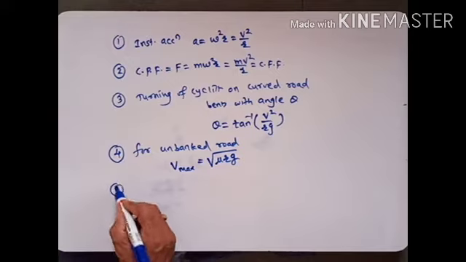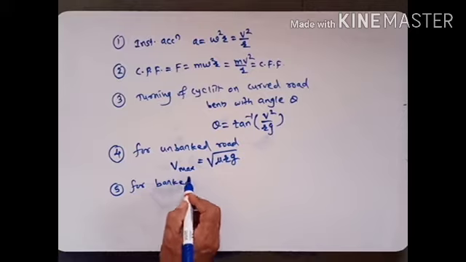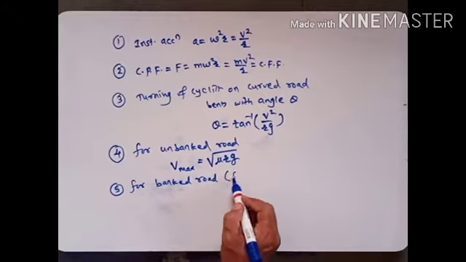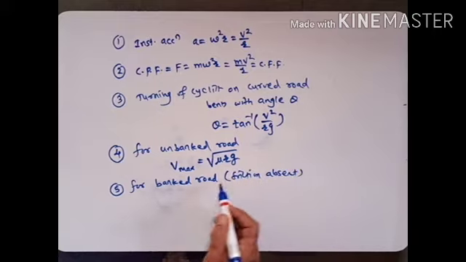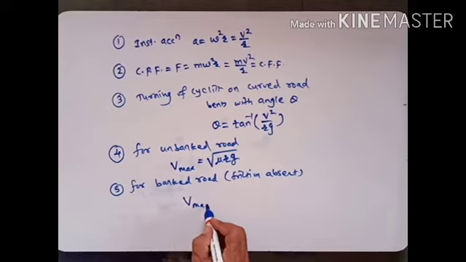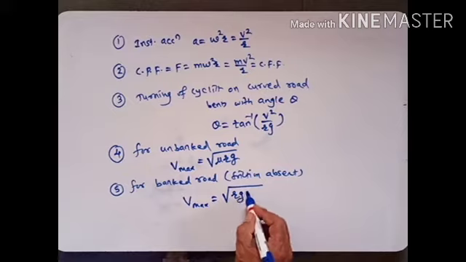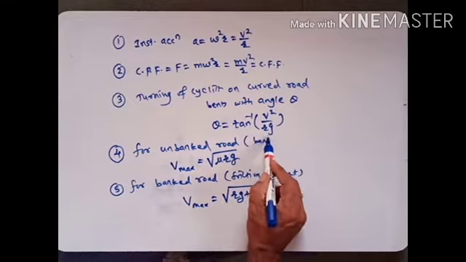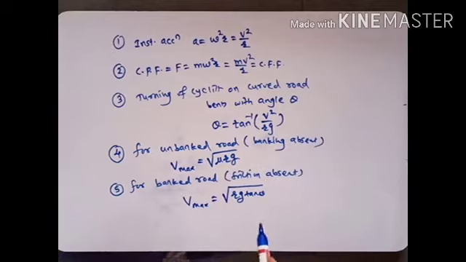Fifth point, for banked road, here we consider friction absent. Then Vmax is equal to root rg tan theta, and here we consider banking present, friction absent.